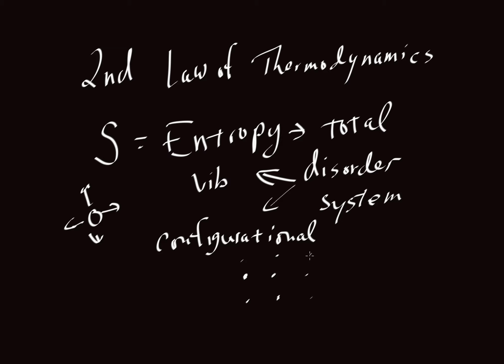But first, before we do that, let's erase the chalkboard and look at how the second law is most often expressed. So in the early days, one way of thinking about the second law in the 19th century was like this. Let's say we had some material that was sitting at a very, very hot temperature.